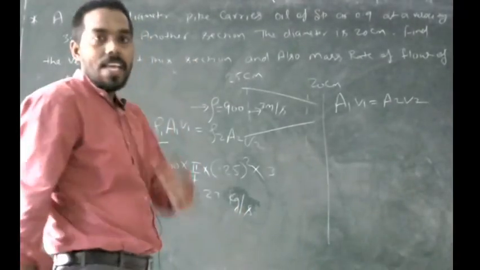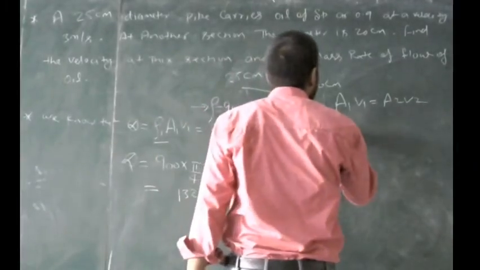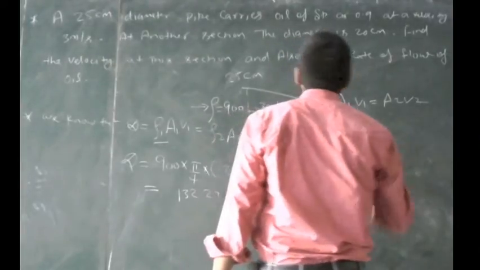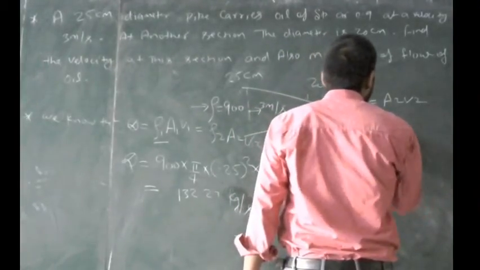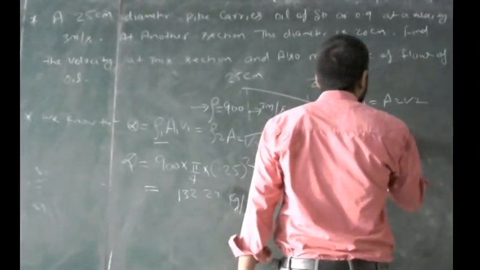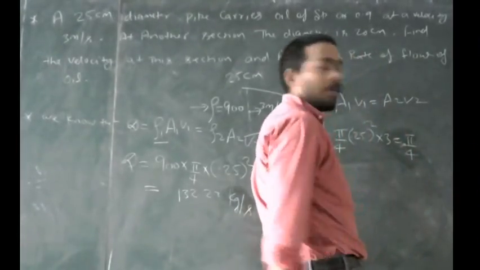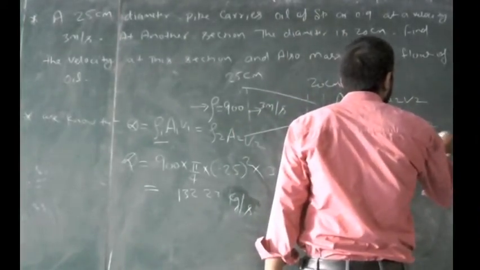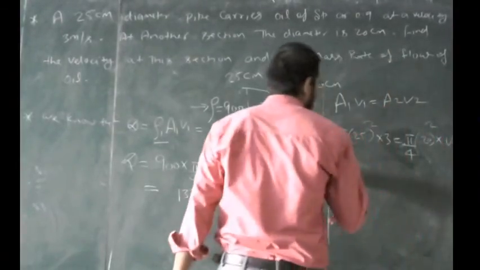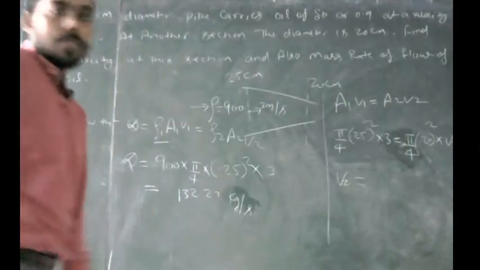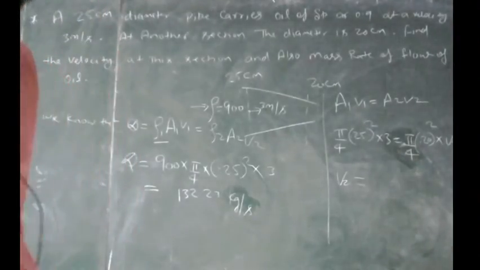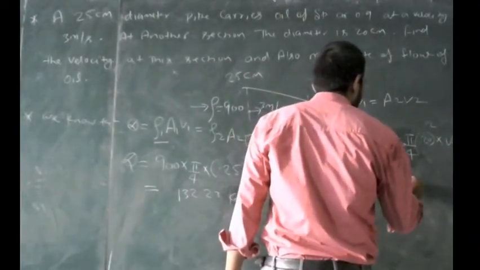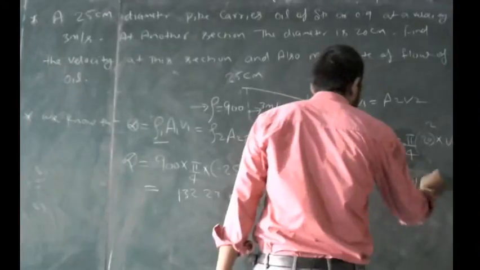Is clear? A1 V1 equal to A2 V2. Then pi by 4 into 0.25 square into 3 equal to pi by 4 into 0.2 square into V2. We can find V2 from this equation, 4.68 meter per second.